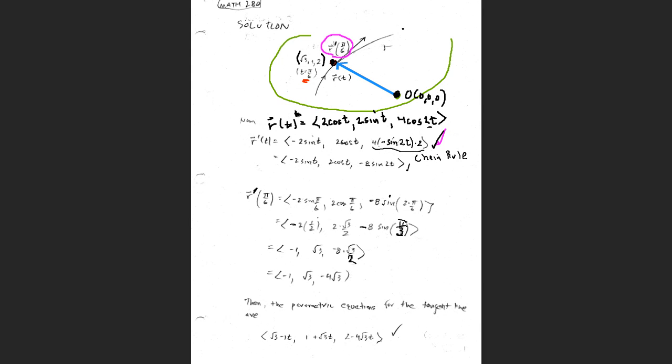The cosine of 30 degrees is root 3 over 2. And so the derivative vector r prime at pi over 6 has these components: -1, root 3, and -4 root 3.